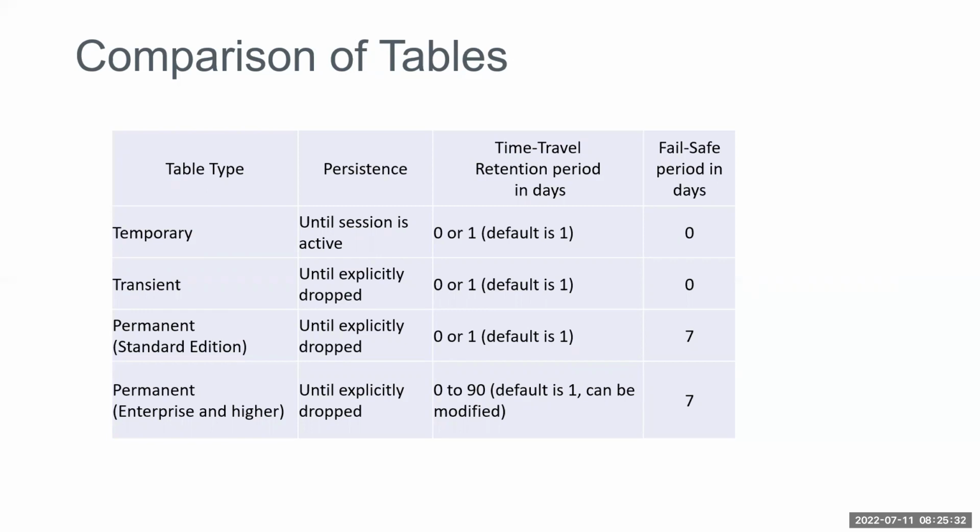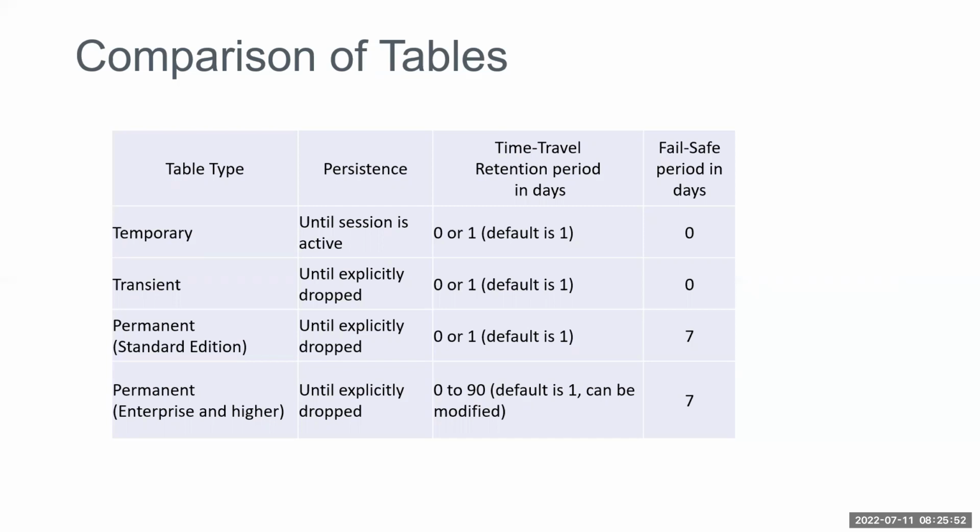So for temporary tables, until the session is active, the table will exist. After your session closes, the table will get dropped. Okay, and the time travel period for this is 0 or 1. By default 1, and you can set it to 0 if you want. And there will be no failsafe for these temporary tables.